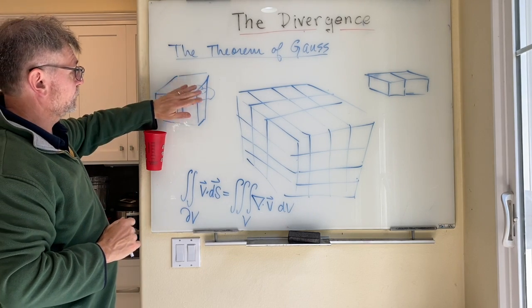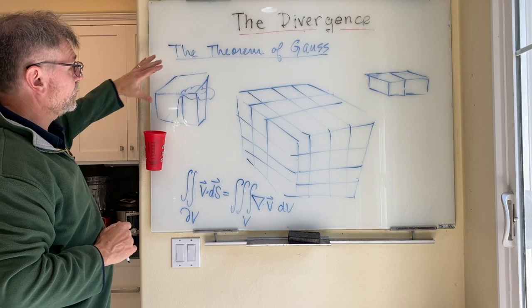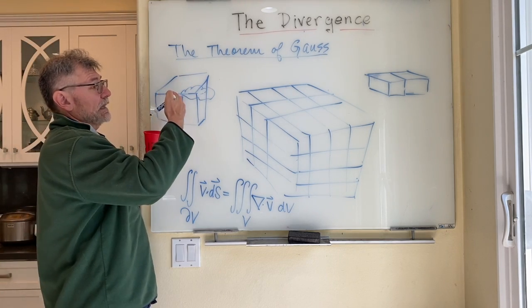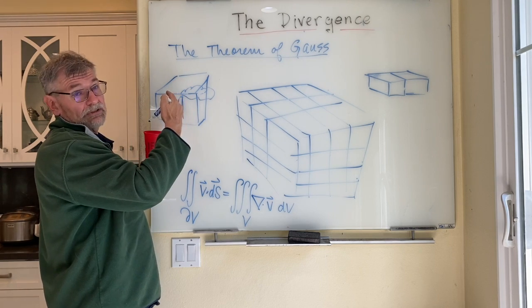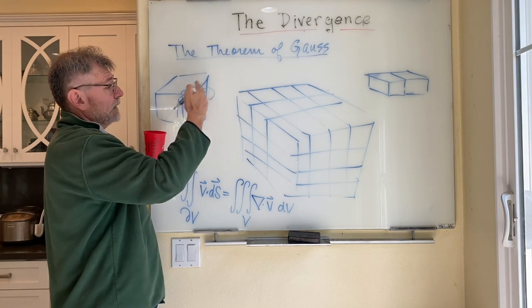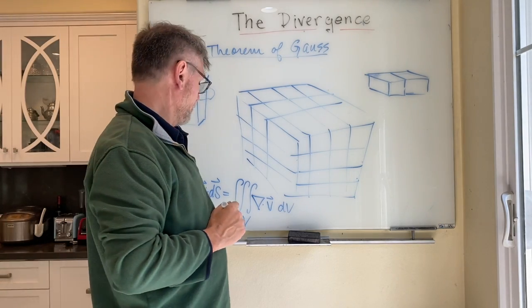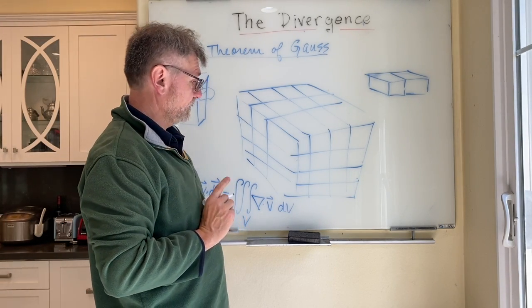But if there were no sources on the inside, then there can be no net flux on the outside. There might be pollution produced elsewhere flowing in one side, but unless it's being created or destroyed in the interior, the same amount will have to flow out the other sides, if the thing is conserved. Okay, so that's the theorem of Gauss.